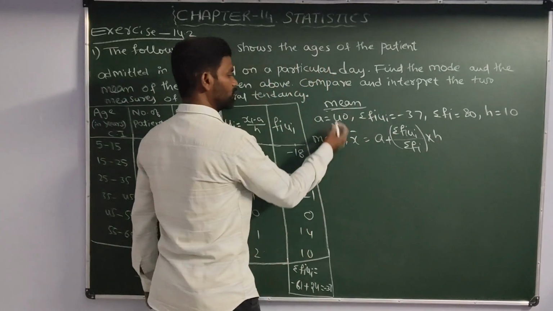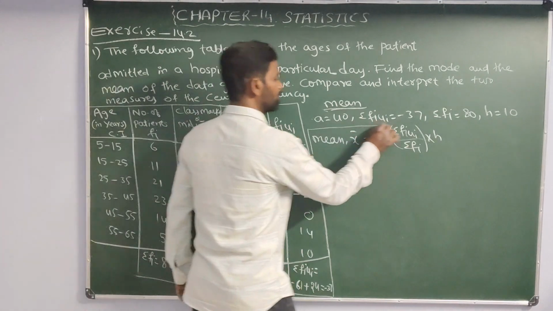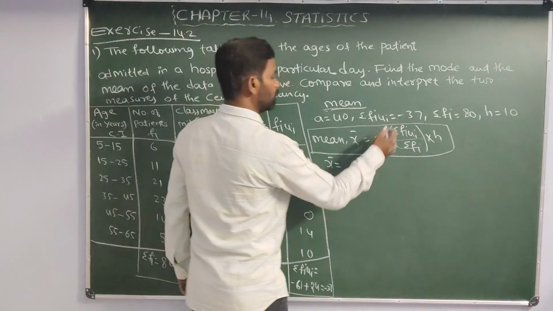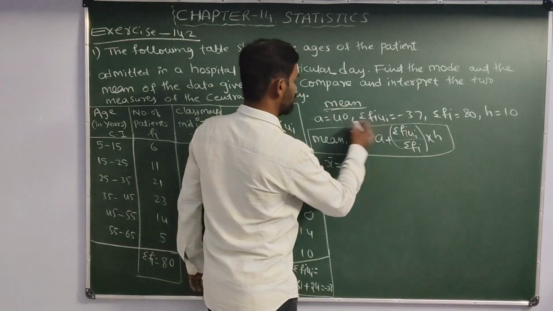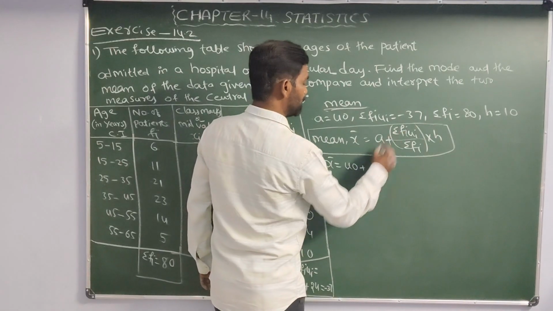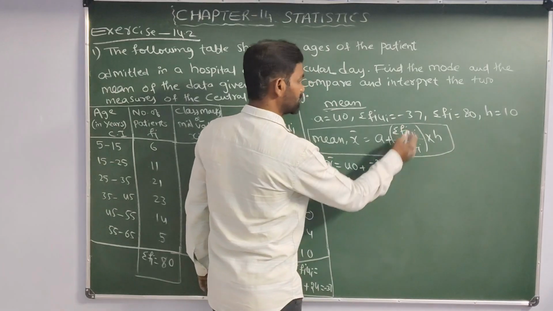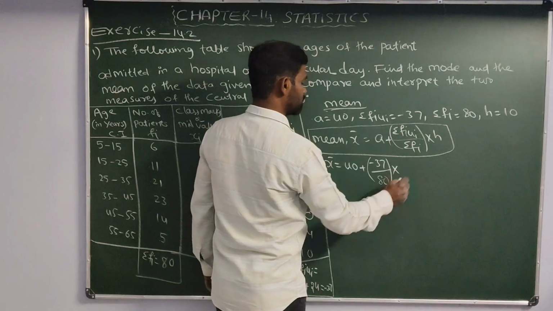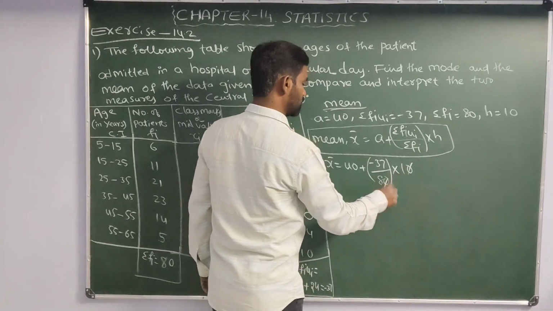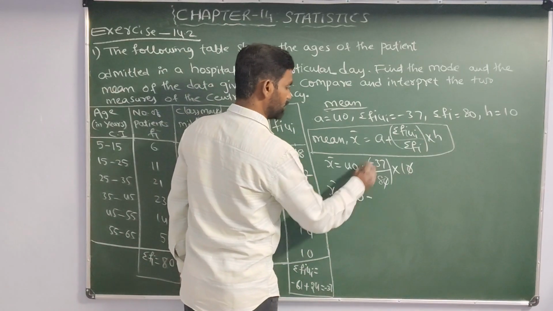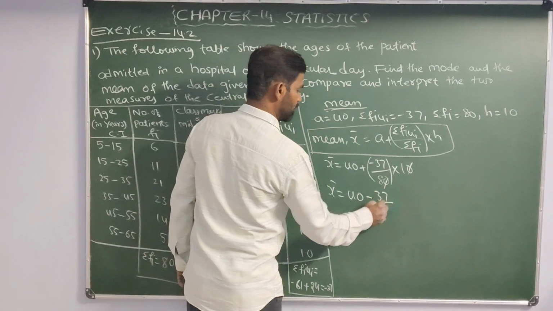So we substitute all those values in this formula. x bar is equal to a, which is 40, plus sigma FiUi, which is minus 37, divided by sigma Fi, which is 80, into h, which is 10. So this 0 and 0 get cancelled. x bar is equal to 40 minus 37 by 8.